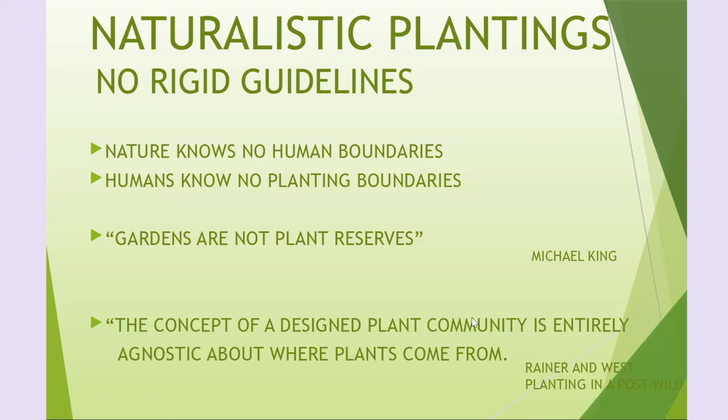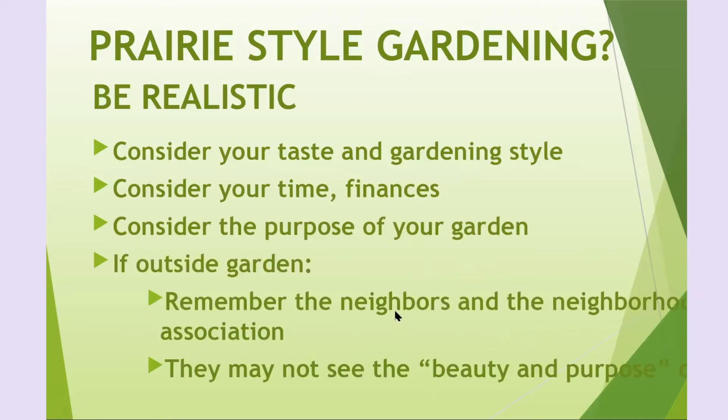So if you have friends that act like the plant police, they're losing their job. Because agnostic means that you don't really care. Just like in the philosophy courses that you took in college or in high school. Agnostic is I don't know and I don't really care.